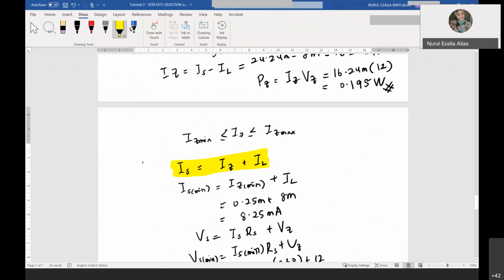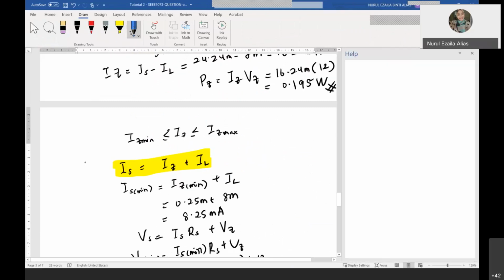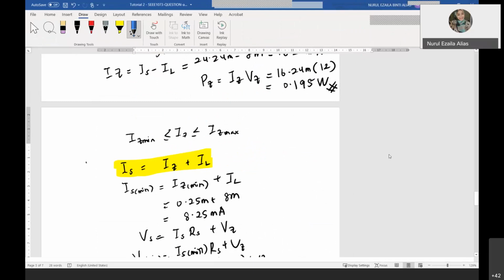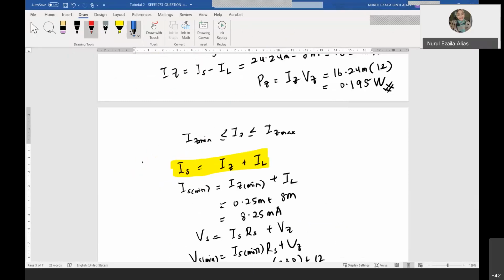But let's say the question asks you for the maximum, therefore this will be IS maximum equal to the IZ maximum plus IL. So if the question wants minimum, it will be minimum.